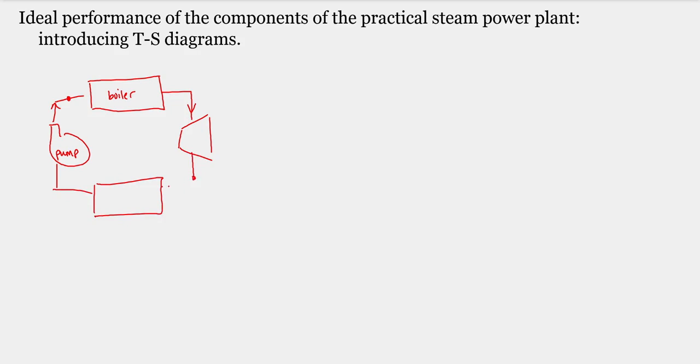After I've extracted the work out of that turbine, I'm then going to condense the steam back to a liquid state, and that connects my cycle. And recall, we called that state 1, this is state 2, this is state 3, and this is state 4, exiting the pump. And here's my turbine.